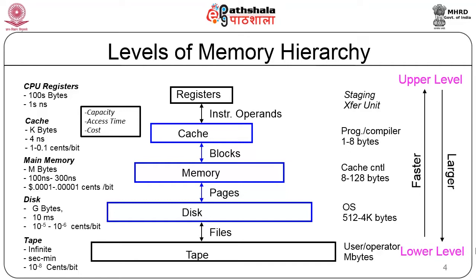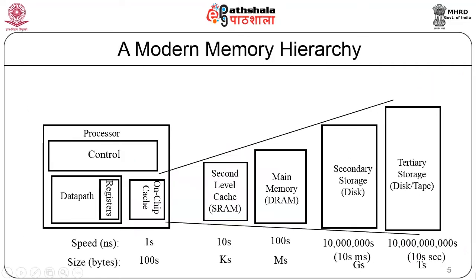Then you have the cache where you have tens of nanoseconds, and you may also have multiple levels of caches. Then you have your main memory, then the secondary storage, and then your sequential memory devices like tape. This tells you the speed. This slide again shows you the speed and the typical sizes of the memory hierarchies.